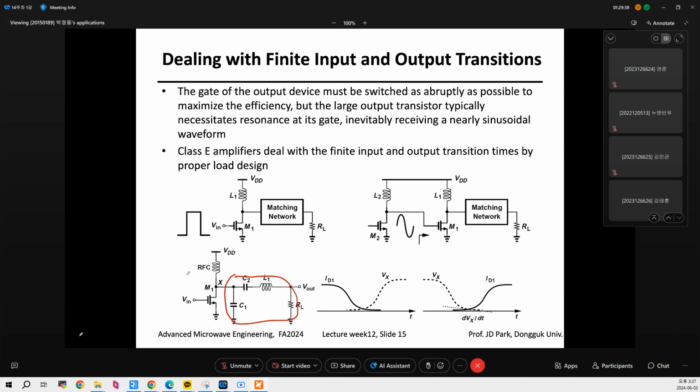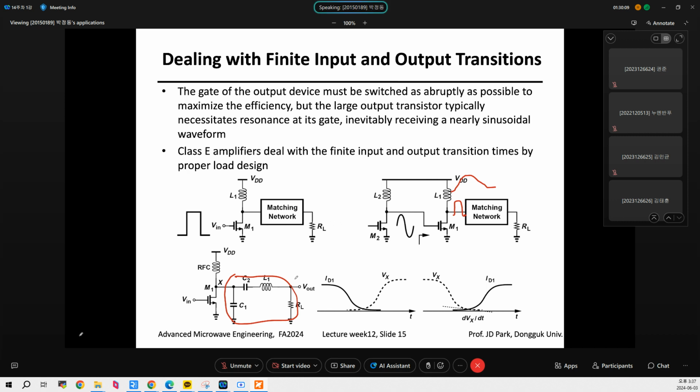However, a larger output transistor typically necessitates resonance at its gate, which means the receiving signal must be sinusoidal, because this is a resonance circuit to drive this. Make sense? So with this sinusoidal input, the output must not be like this, but smoothly going up and smoothly going down. This is the issue.